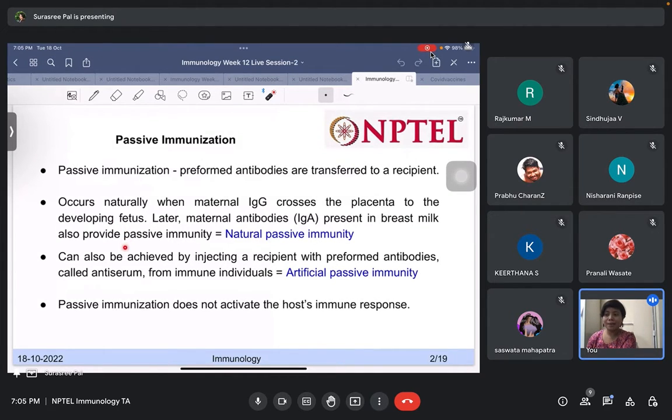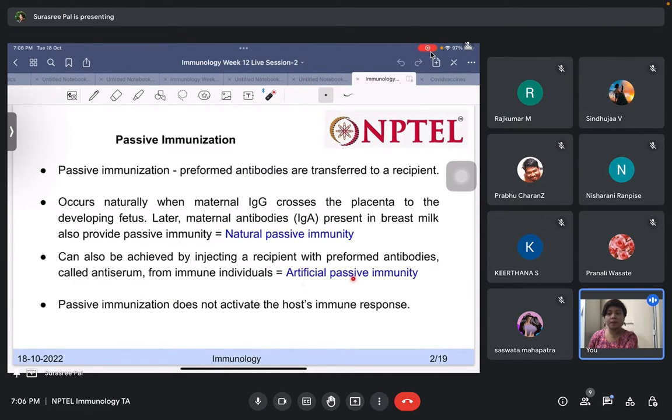So the maternal antibodies immunize the fetus passively, and after the birth of the baby also, the maternal antibodies present in breast milk, like IgA, provide passive immunity to the young baby. So that is natural passive immunity. We receive it naturally.